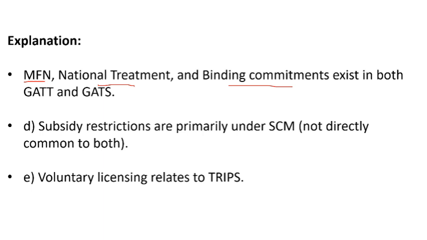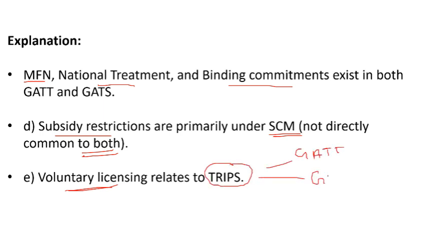Apart from this, subsidy restrictions are primarily under SCM, not directly common in both. And voluntary licensing is related to TRIPS. It is not related to GATT and not related to GATS either. Understood? So that is why option A, B, and C was correct.